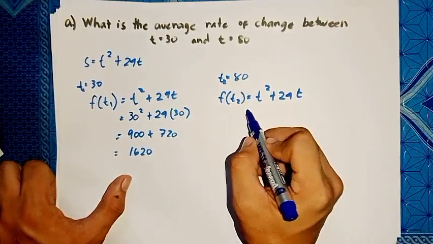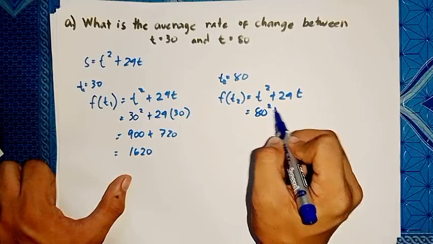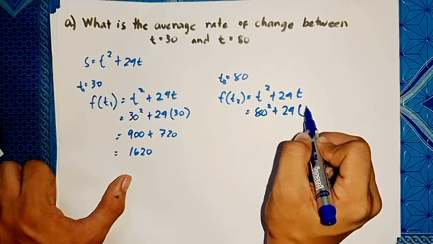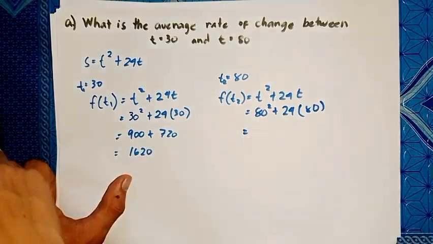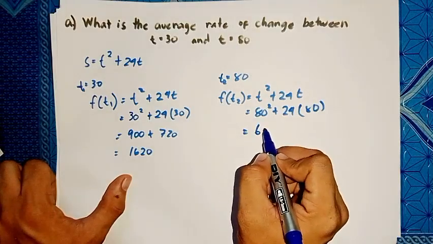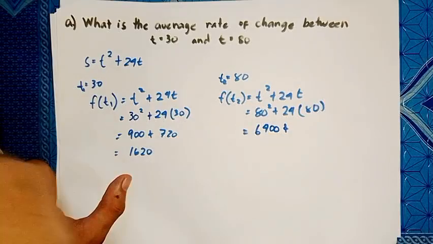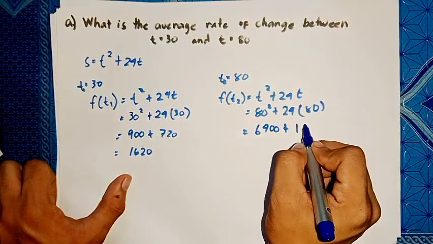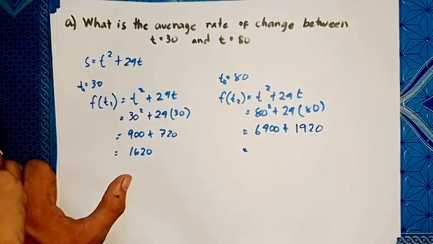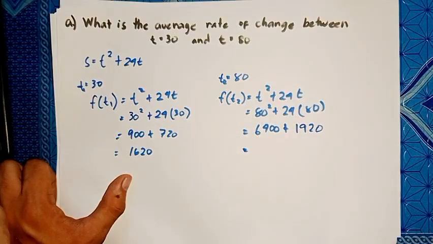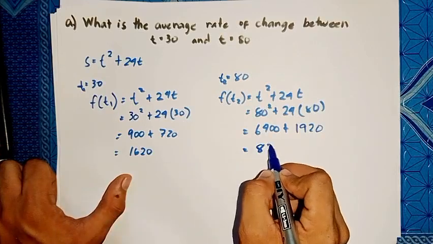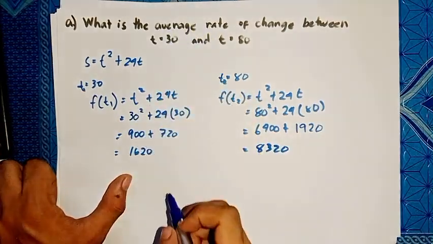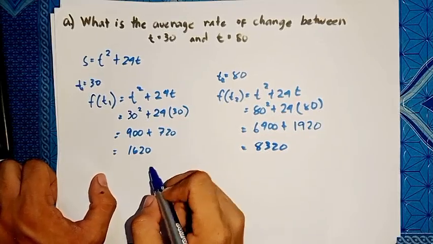Let's substitute 80 squared plus 24 times 80, the value of t is 80. So 80 squared, we have 6,400 plus 24 times 80, we have 1,920. So 6,400 plus 1,920 is equal to 8,320.